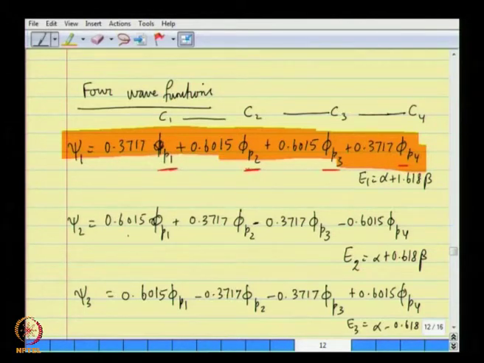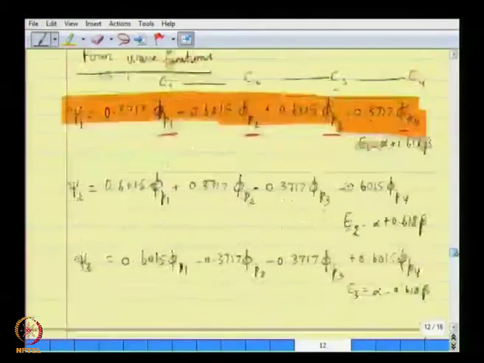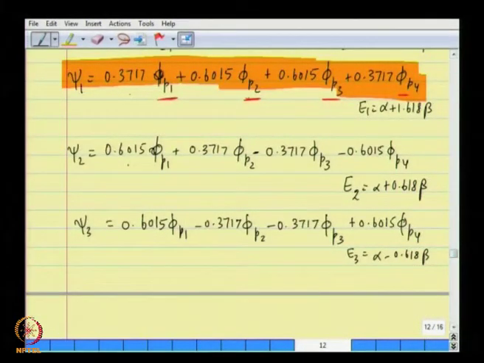The square of this number is the contribution to this molecular orbital from carbon 1 p orbital. 0.6015 squared is the contribution to this molecular orbital from the carbon 2 p orbital, and so on. However, there are signs which tell you that the orbital combinations are done with very specific phase relations between them.